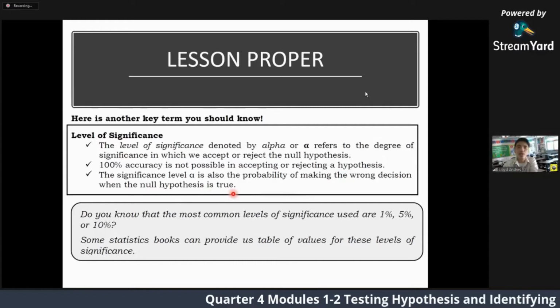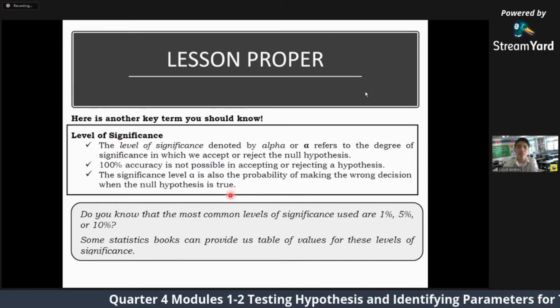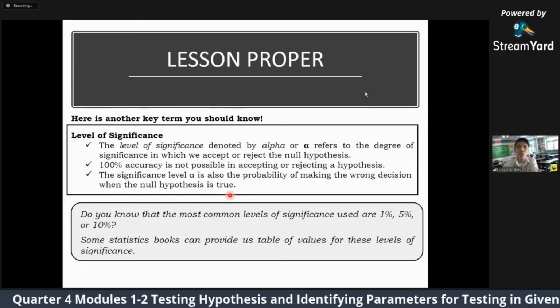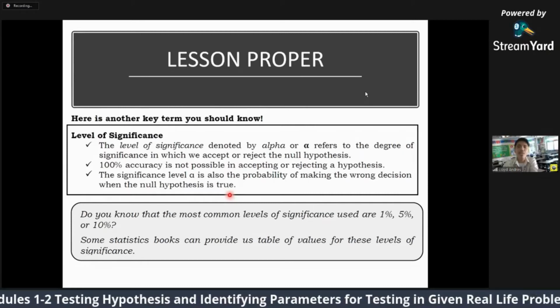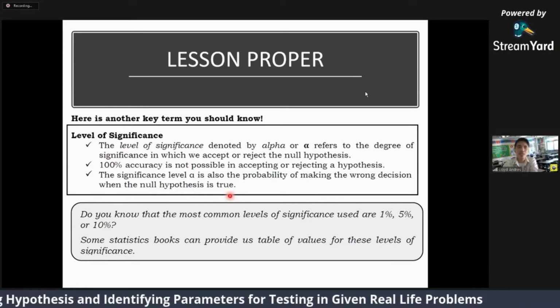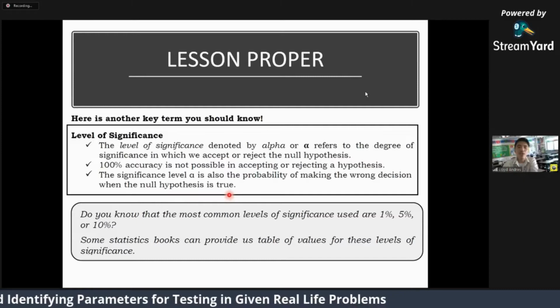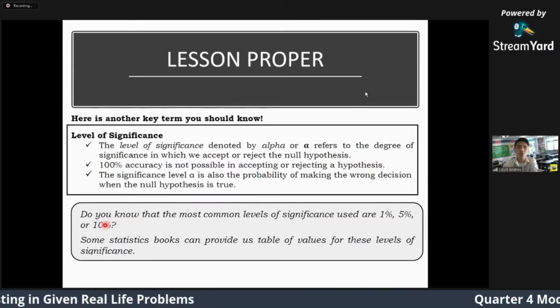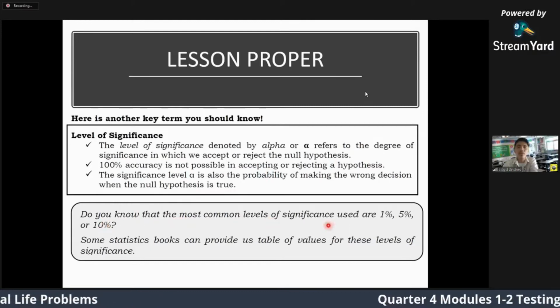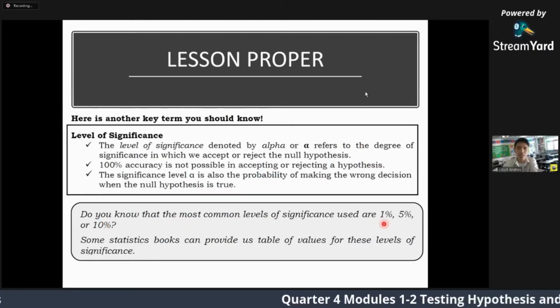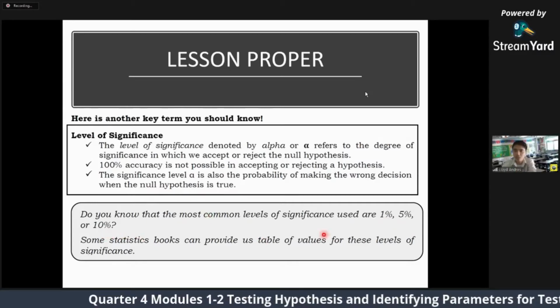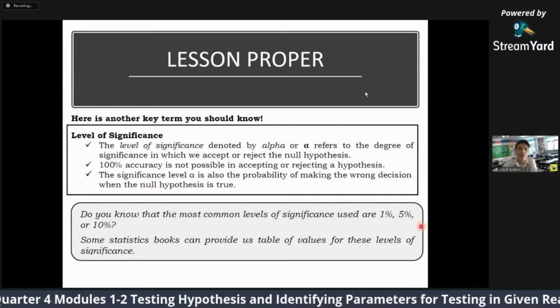So your alpha is the probability that you decide wrongly, meaning you reject the null hypothesis when in fact it is true. The most common levels of significance are 1%, 5%, or 10%. This corresponds to your confidence level.